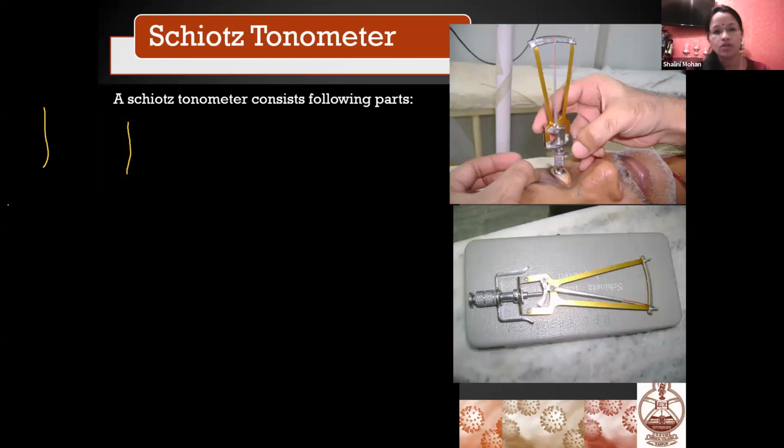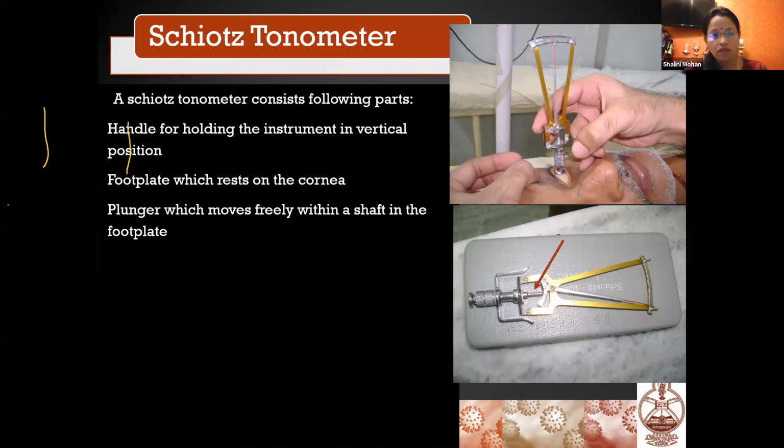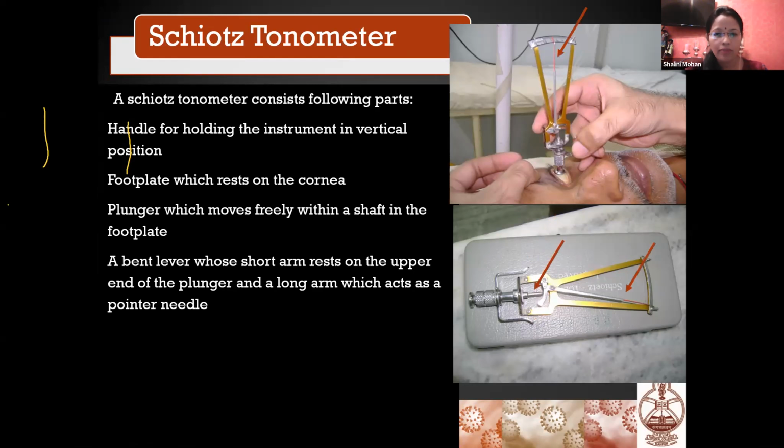So let's see the various parts of the Schiotz tonometer. We have these handles to hold the Schiotz tonometer onto the cornea. Again, it is a contact procedure, so we need to anesthetize the eye. Then we have the foot plate, which rests on the corneal surface. Then we have the plunger, which freely moves within the shaft of the foot plate. Then we have a bent lever.